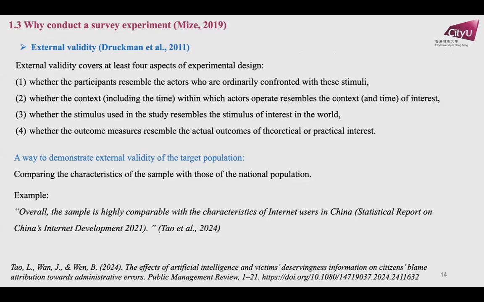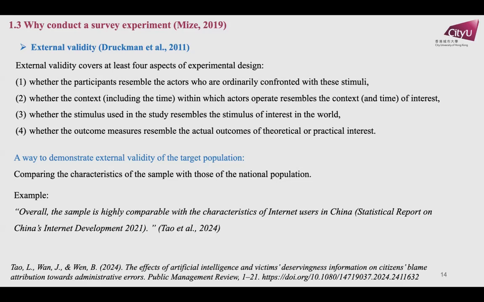And also for external validity, while some articles may criticize that survey experiments often have limited external validity, it can establish a strong external validity if it covers at least four aspects of the experimental design.